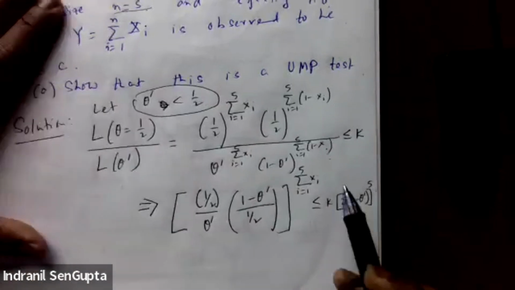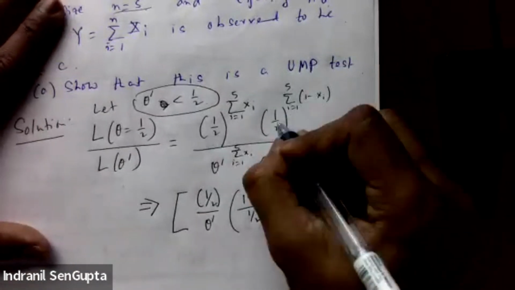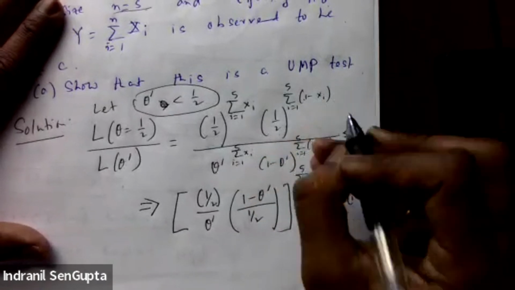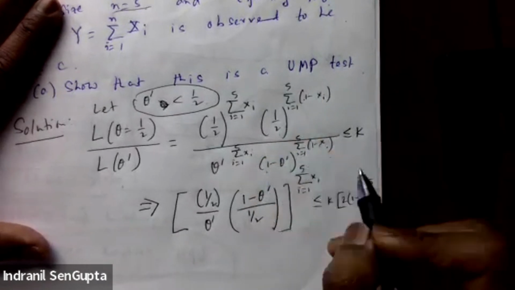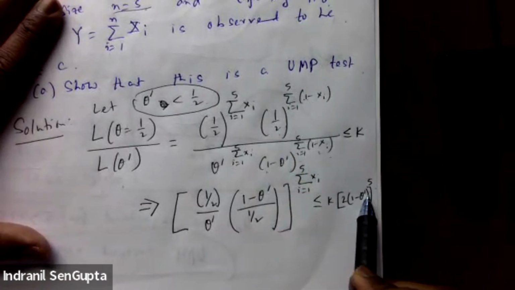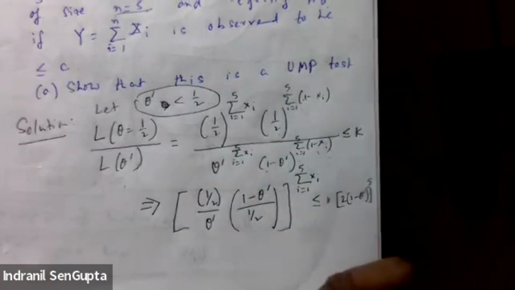So what I did is, there is a first term, 1/2 to the 5 times 1/2 to the minus summation term. The same is true here, so I'm just picking up that 5th power term and putting it here. Okay, so I'm just putting it together.